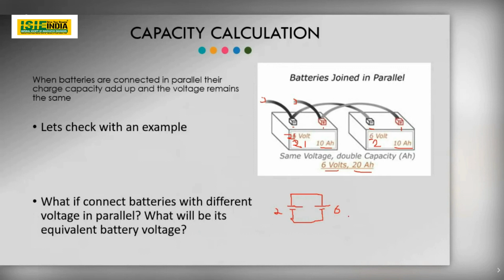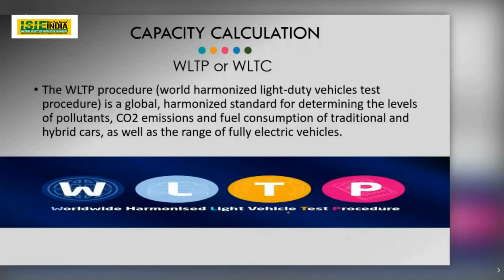So for this case, the equivalent voltage will be 4 volts. Until both batteries are balanced and have equal potential, the battery at higher potential will discharge and the battery with lower potential will charge. So now you are familiar with batteries in parallel.